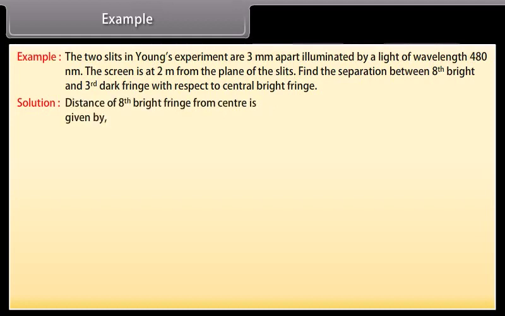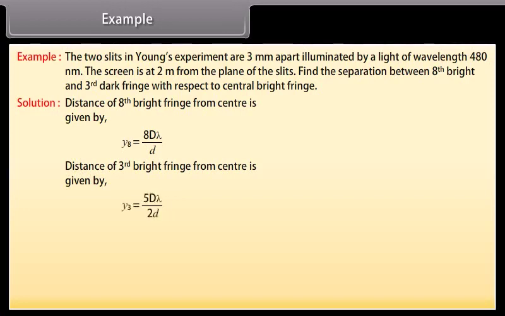The distance of the 8th bright fringe from the center is given by 8 capital D lambda upon small d. The distance of the 3rd dark fringe from the center is given by 5 capital D lambda upon 2 small d. We have y equal to y8 minus y3.